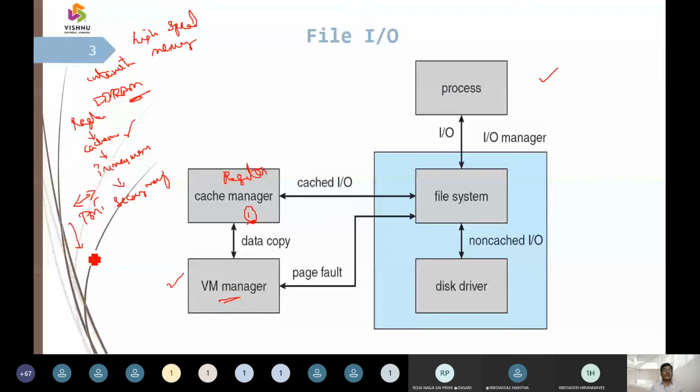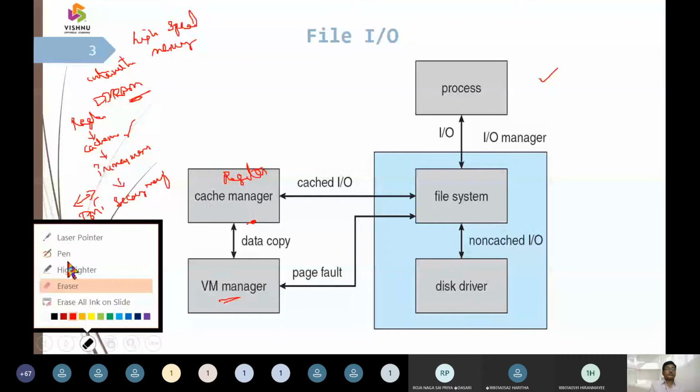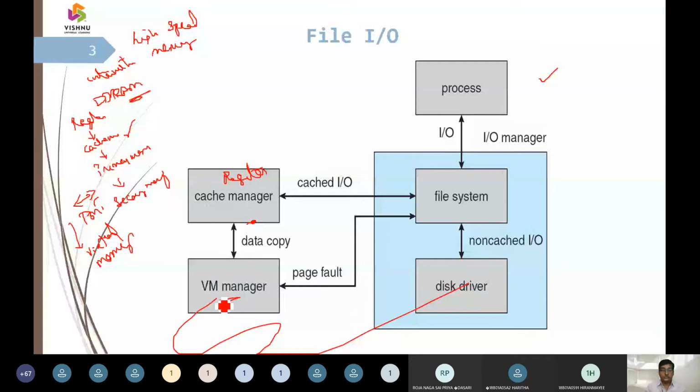So virtual memory is going to be managed, and it is going to be part of the pages.